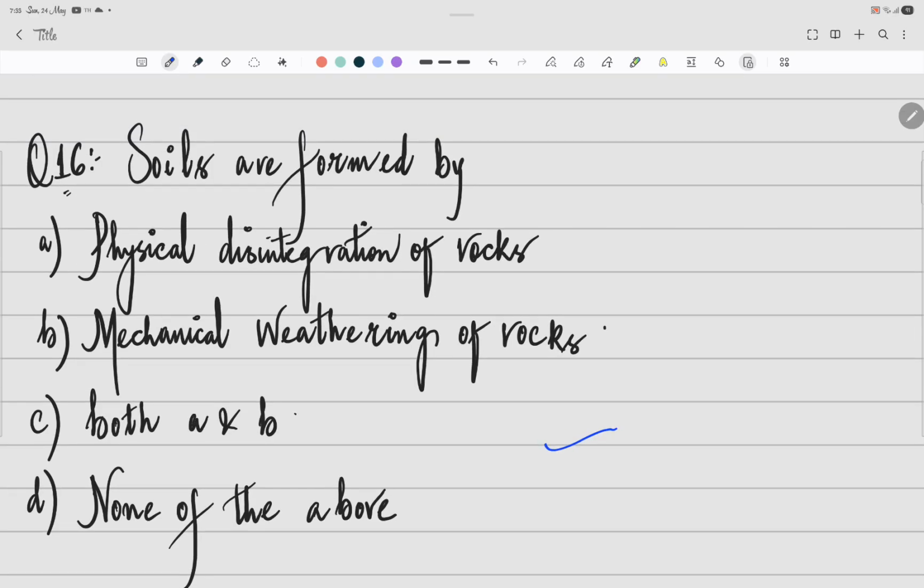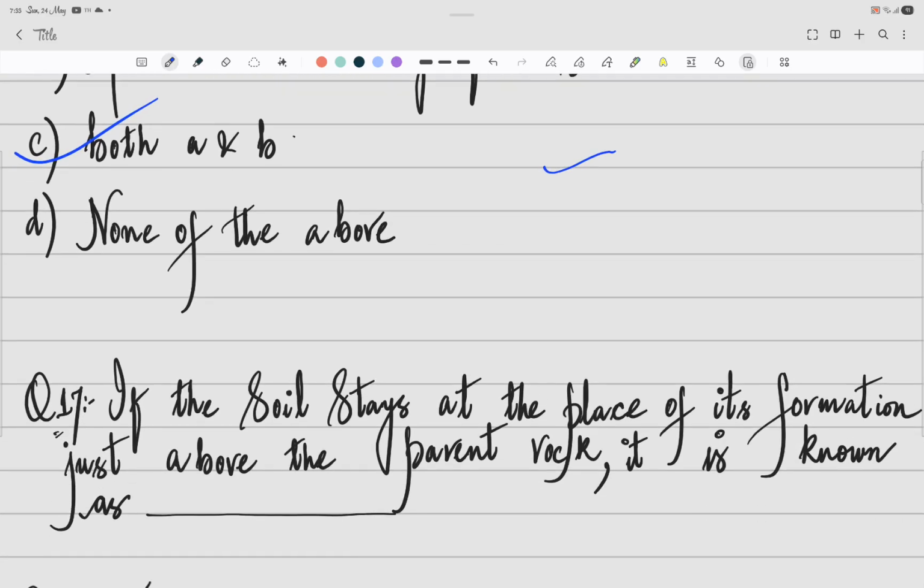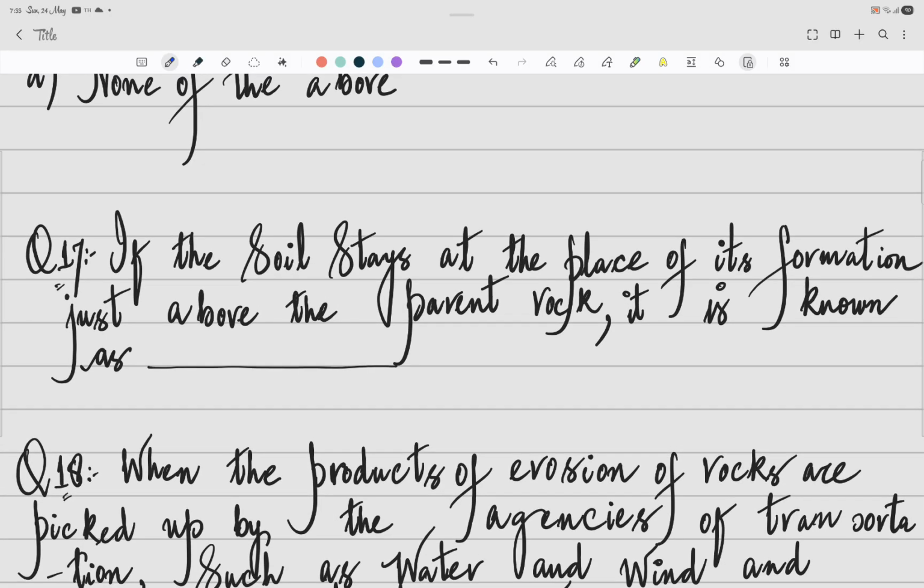It can be produced by physical disintegration of rocks and mechanical weathering of rocks, both. So the correct answer is both A and B. All right, moving on.